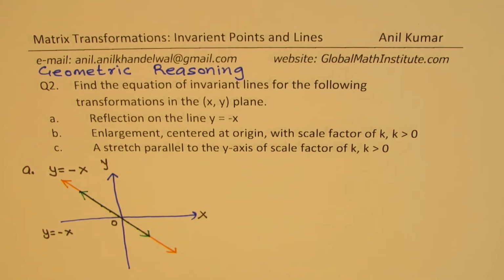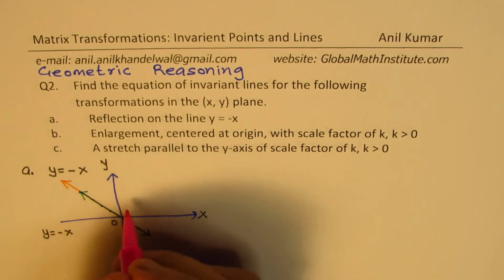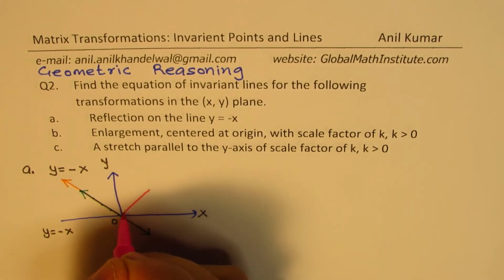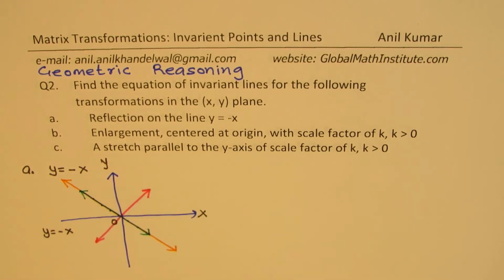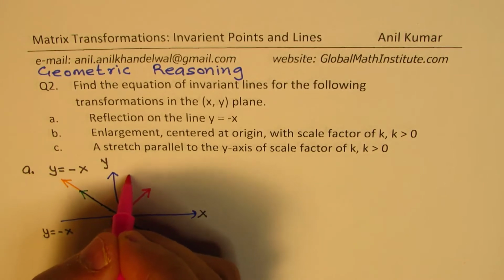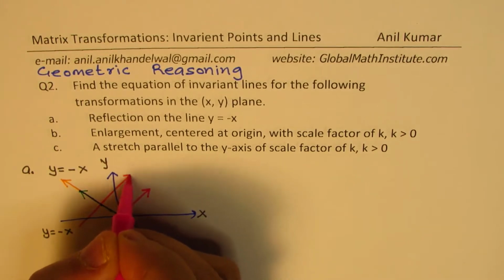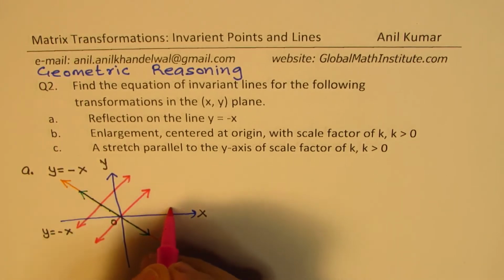Now, if I consider a line which is perpendicular to this, for example, a line which is like this. If there are all these lines which are perpendicular, what happens to the points on these lines?